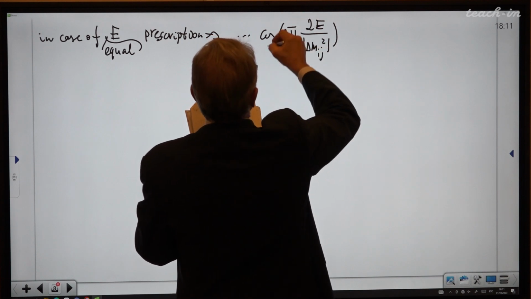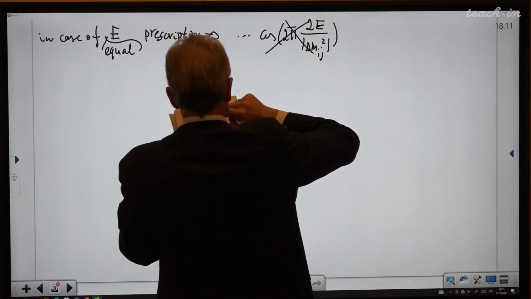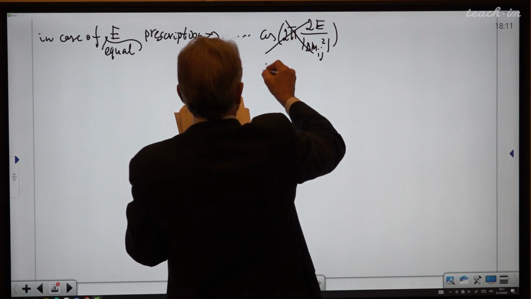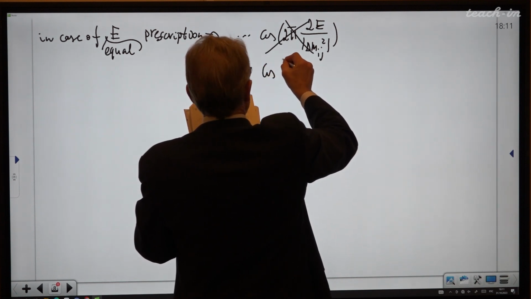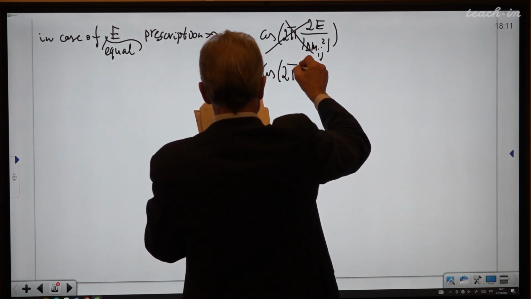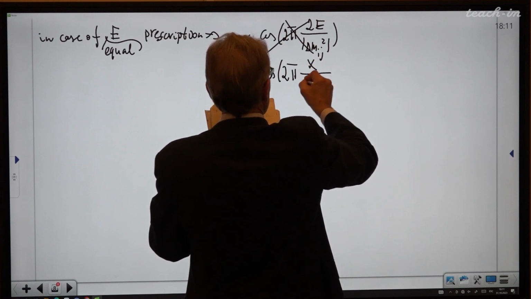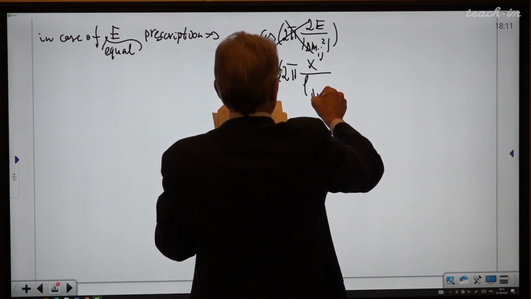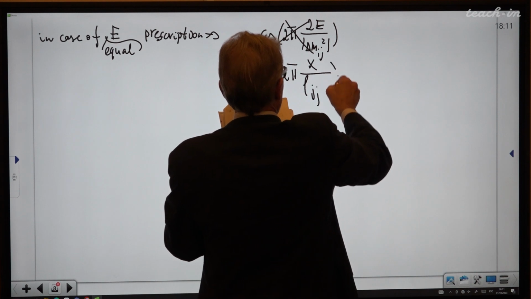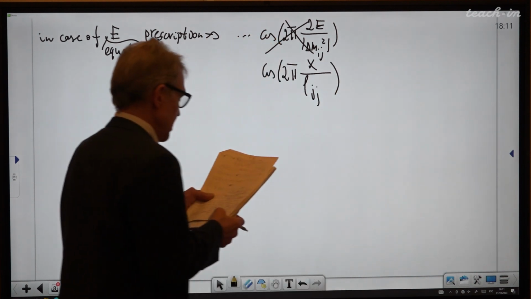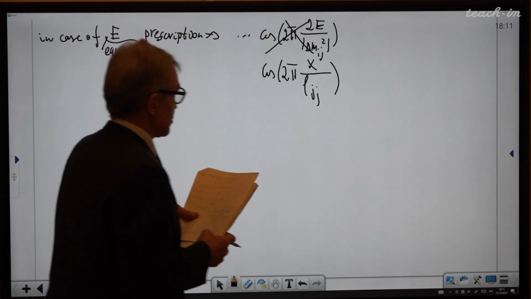No, this is not correct. Cosine of 2 pi x, that's what I have in mind to write. And we introduce the length of oscillations.